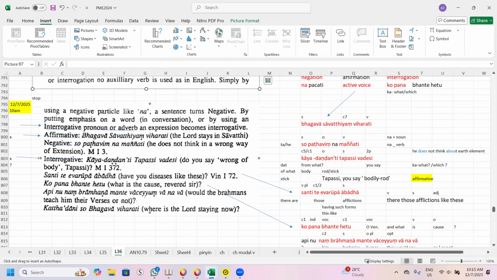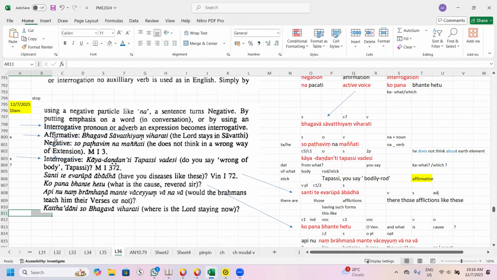I think this one is not interrogative, I think it is affirmative. The affirmative looks like the active voice. It's not asking a question, it's affirmative. Okay, get what I mean? I think there are some errors here.